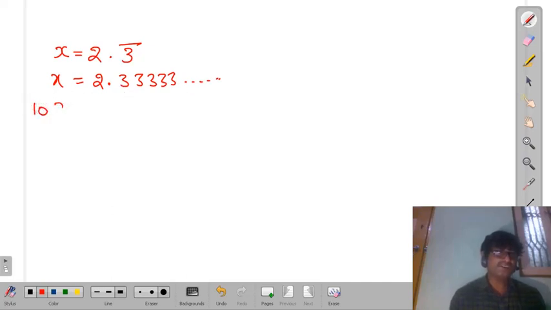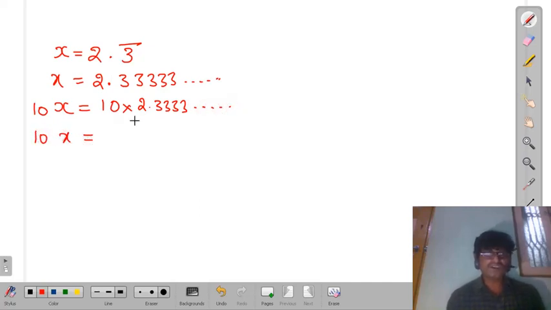So we will get 10x equal to 10 times 2.3333 and so on. Whenever you are multiplying a decimal number with a multiple of 10, meaning 10, 100, 1000, simply move the decimal point to the right.